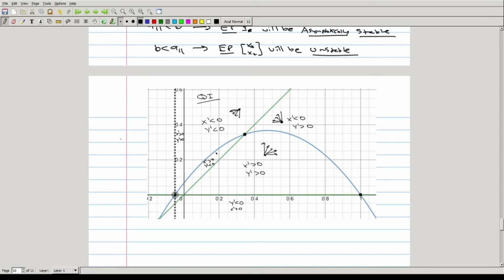And lastly, x prime is positive in this region, y prime is negative in this region, so the solution direction will be like this. We can go through and construct a positively invariant region and directly show that this region surrounding this equilibrium point is in fact positively invariant.